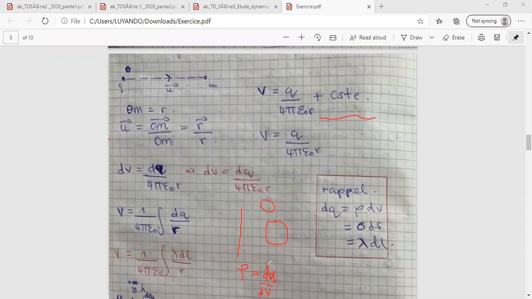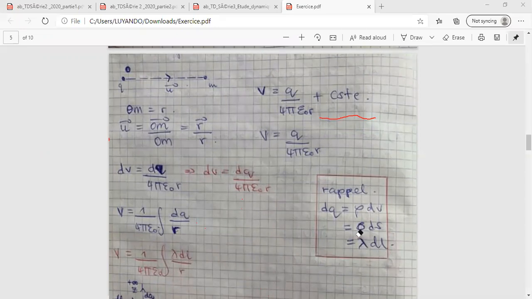This symbol is equal to dq over dl, which is what I have here. So we've been asked to calculate it along a line, so that's why we've used the linear dl.